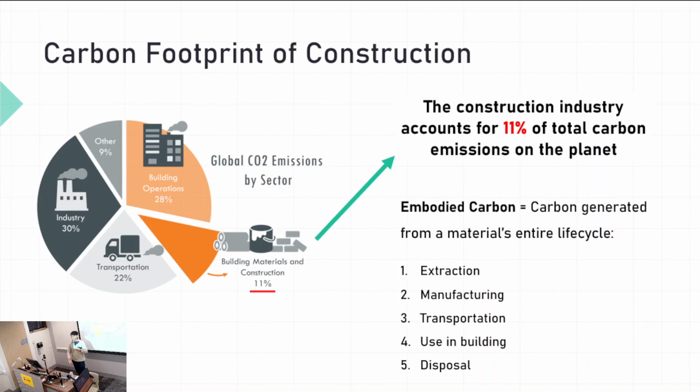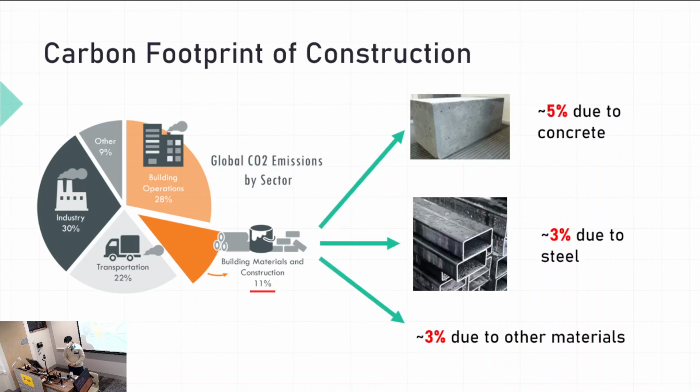So from the extraction process, such as mining or milling, to the manufacturing process, such as cement manufacturing, etc. Up until it's used, and even when it's disposed of after a building is demolished. Out of this 11% figure, 5% of these emissions are due to concrete, 3% is due to steel, and the rest makes up the remaining 3%. So this is a significant portion of the total emissions that we emit as humans.